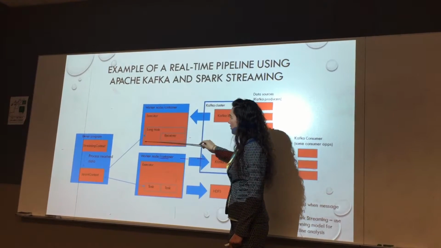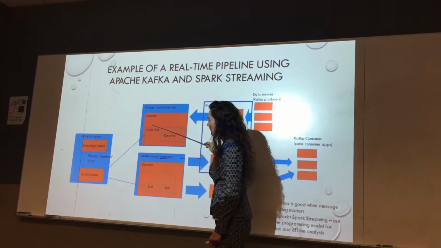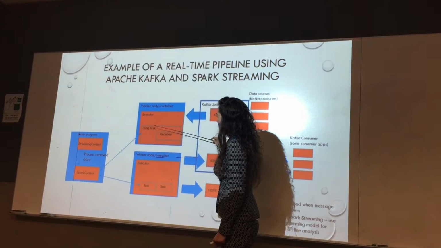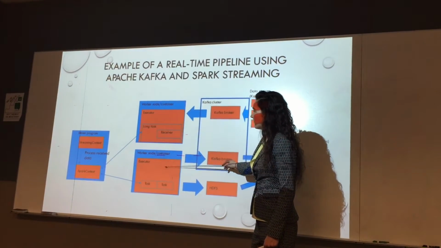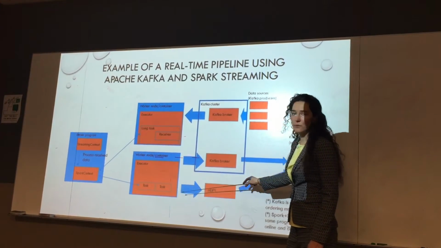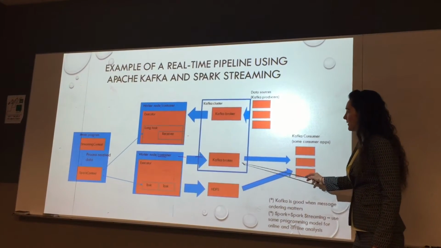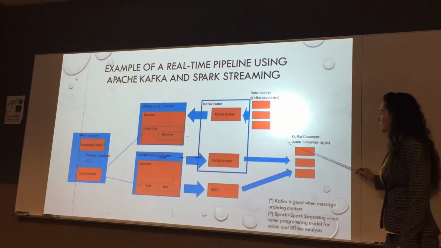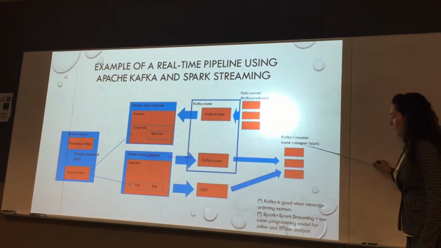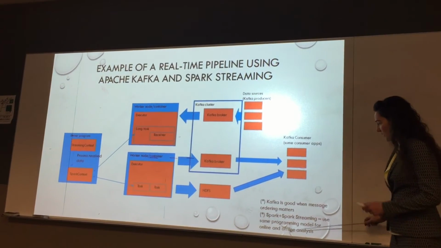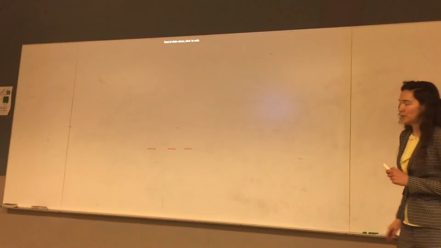There is a worker node or executor that's going to be processing the streams, and then another worker node produces the results from the processed stream, which can be fed through Kafka or through HDFS into a consumer of these processed streams. So that's going to be the output of the streams.